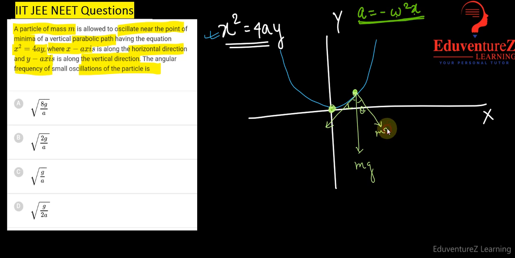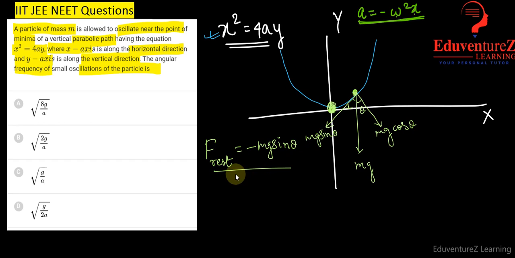So it is mg cos theta and this one is mg sin theta. mg sin theta is the force which tries to bring the particle back to its equilibrium position. So the restoring force is equal to minus mg sin theta. Minus indicates the direction of the restoring force is towards the mean position.